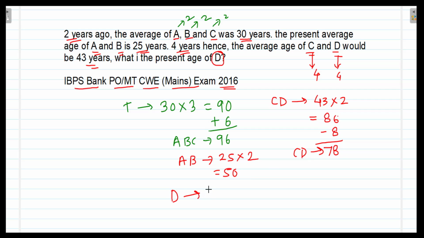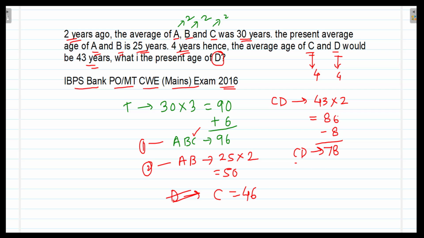Here, from the total age of A, B and C and the total age of A and B, if you subtract the age of AB from the age of ABC, you will get the age of C. Therefore the age of C will be equal to 96 minus 50, and that is equal to 46.